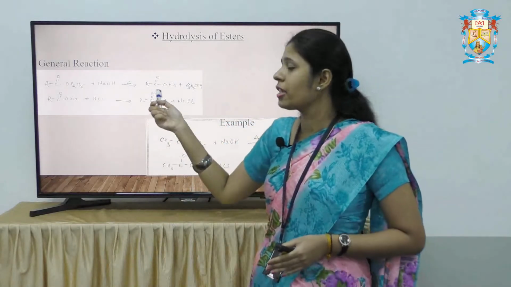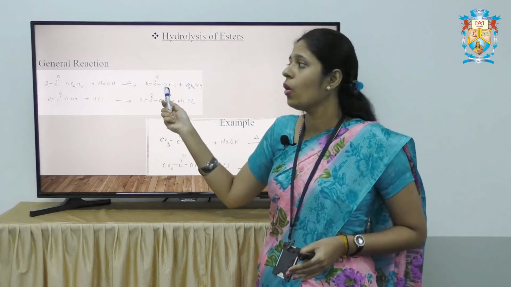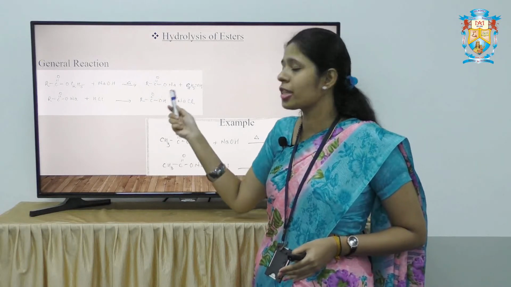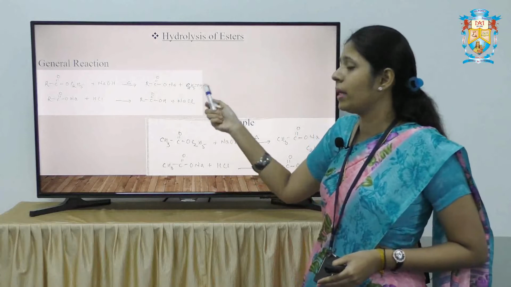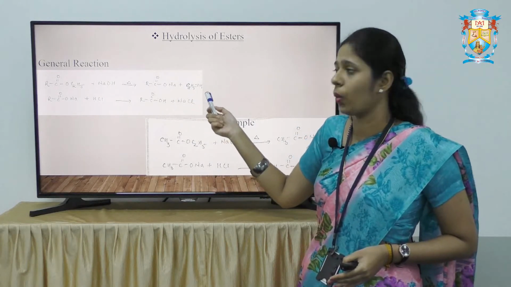Then further you will get the sodium salt, that is RC double bond O ONa, which is called a salt, and the byproduct will be alcohol. Okay, it is ethyl alcohol since there is C2H5OH.